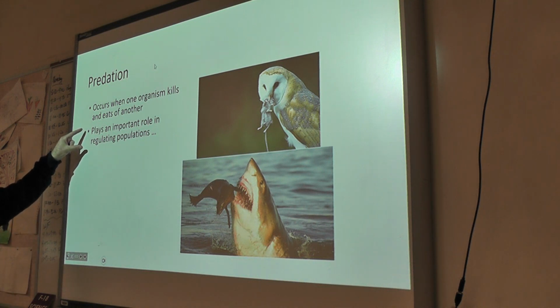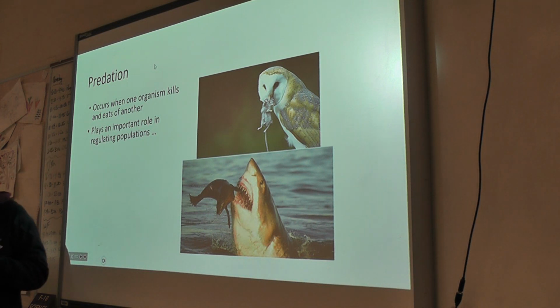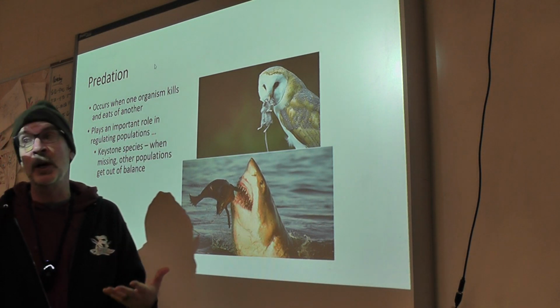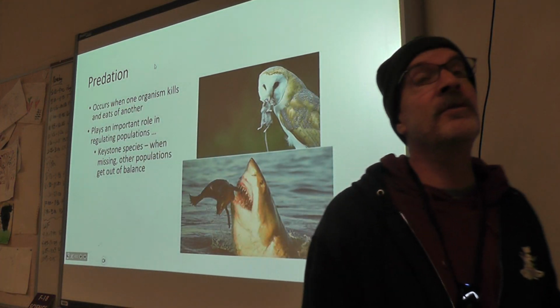One of the things that we are super interested in with predation, and one of the things that's so cool about this sort of ecology, is that we didn't necessarily know this until relatively recently. It turns out that when we think about the organisms that consume other organisms, there are side effects of that consumption. And sometimes those side effects can be really important, either to other organisms or even to us.